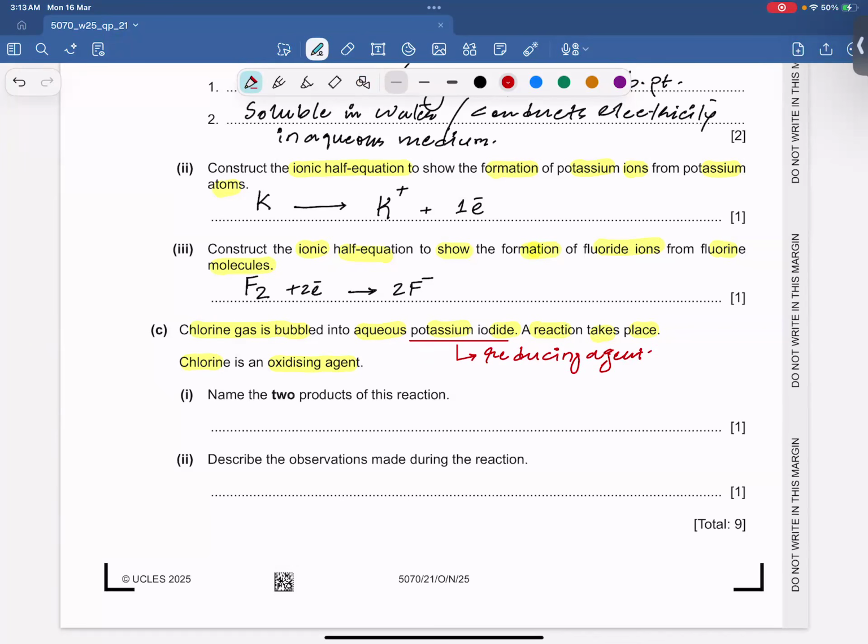Name the two products of this reaction. Okay, let me write the equation, and we have discussed this reaction in class. So this is a chlorine molecule reacting with potassium iodide. Chlorine is more reactive, displaces iodide into iodine, and will turn to potassium chloride. So that's the equation we have given you in class. Chlorine has a yellow-green color.